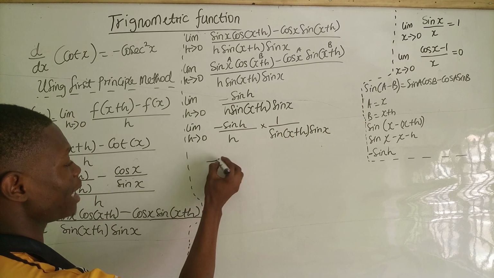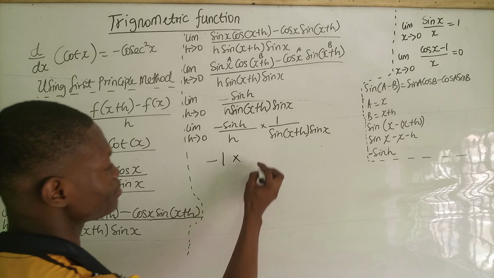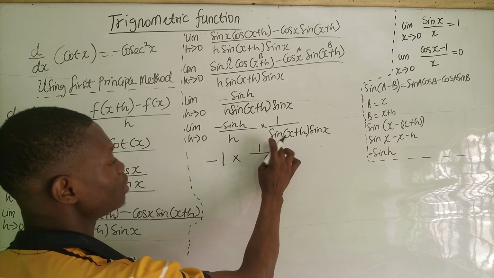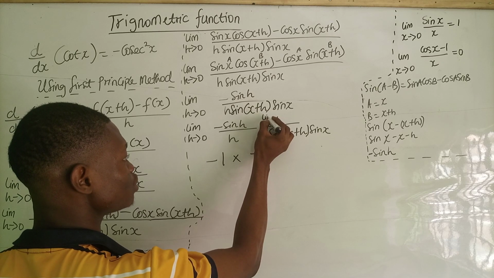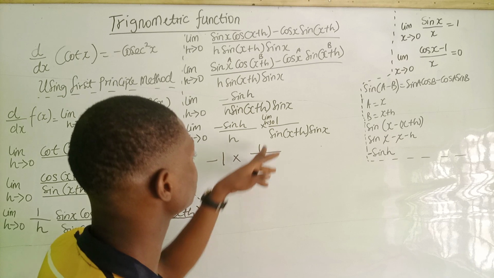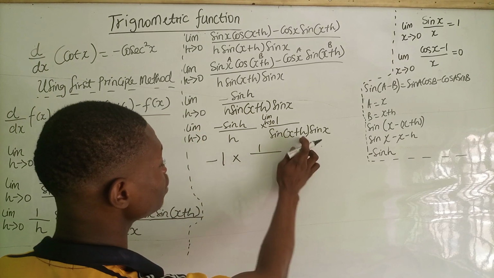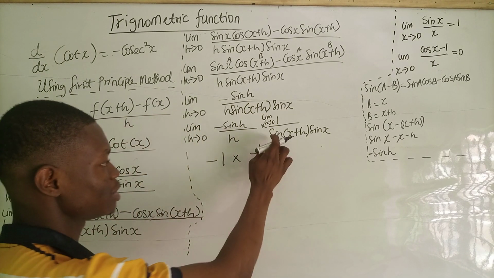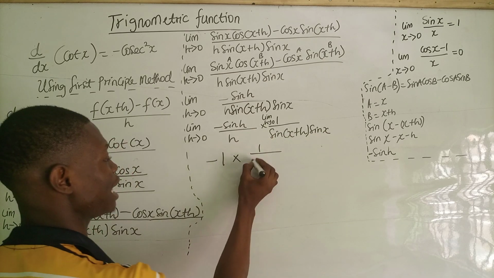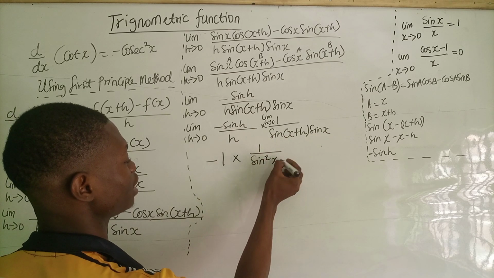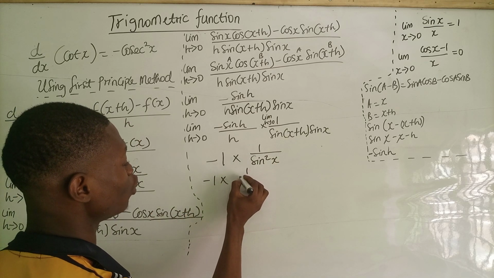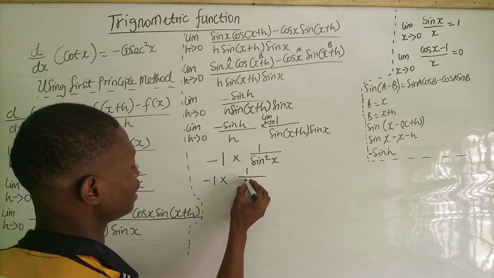So we have minus 1 times 1 over the limit as h approaches 0. Please always remember to write your limit. If I put 0 here, x plus 0 is x, sine x times sine x is sine squared x.